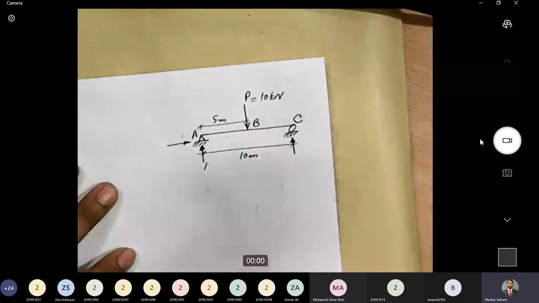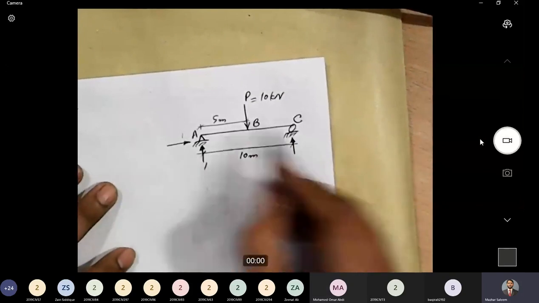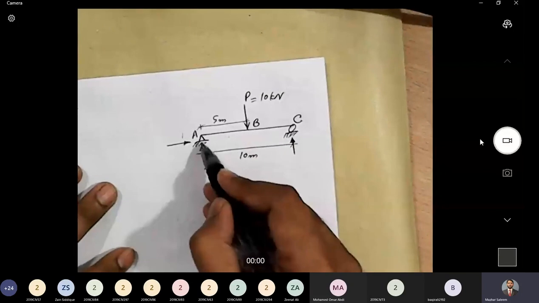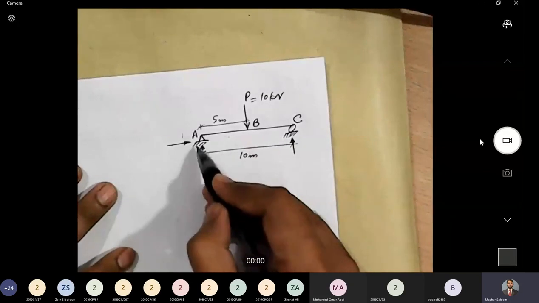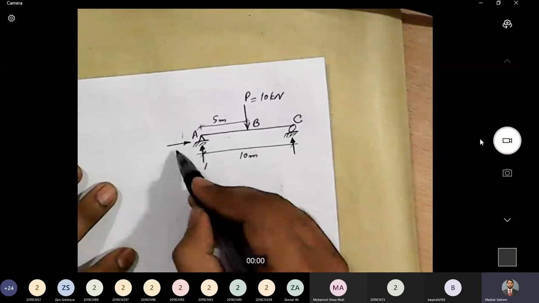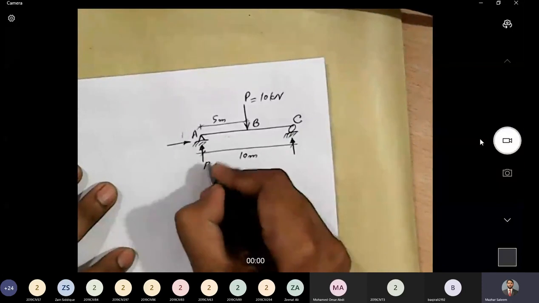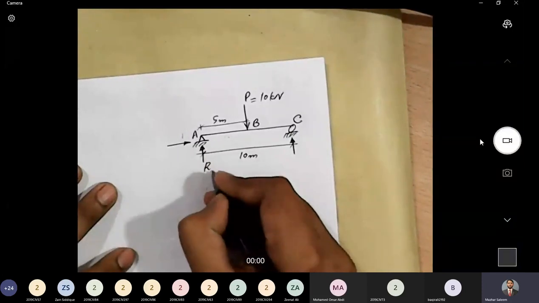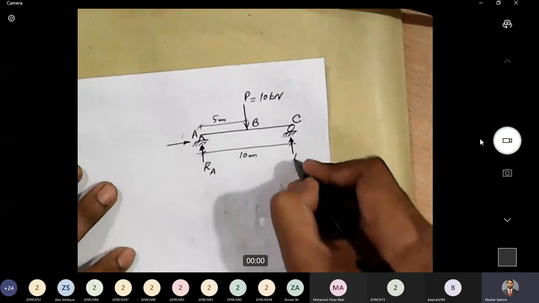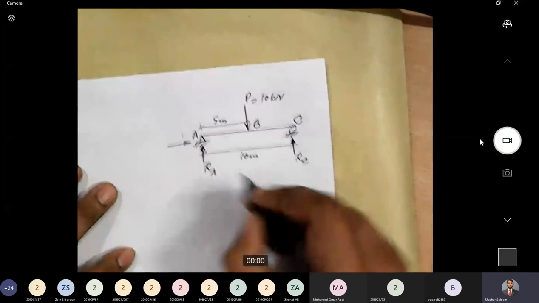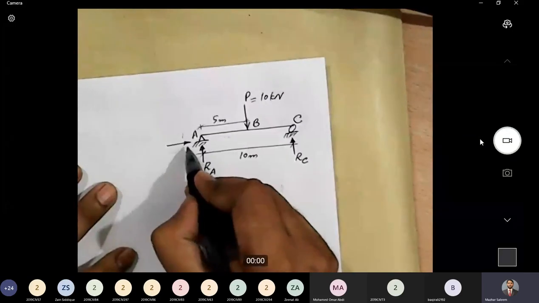Now, in this case, we have a simply supported beam. A hinge support has the capability of generating two reactions, one in the vertical direction and the other in the horizontal direction. Let's call the vertical reaction at A as RA and the vertical reaction here as RC. What about the horizontal reaction?